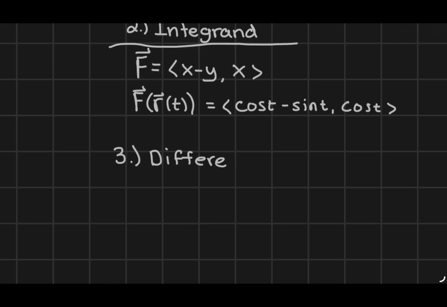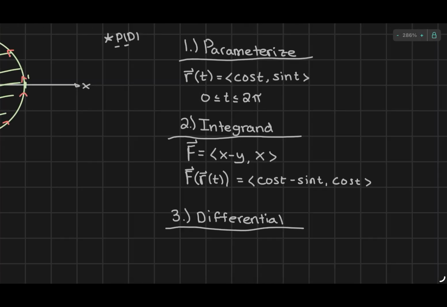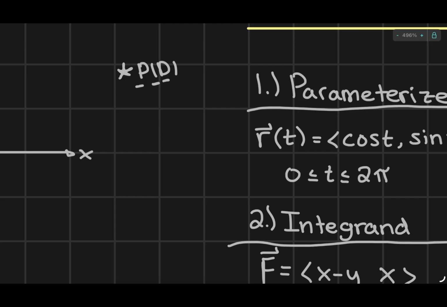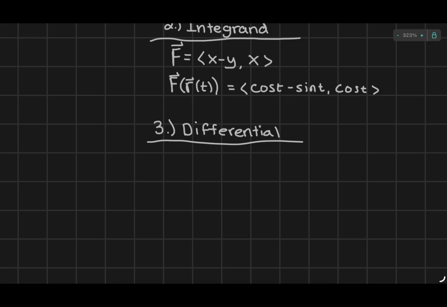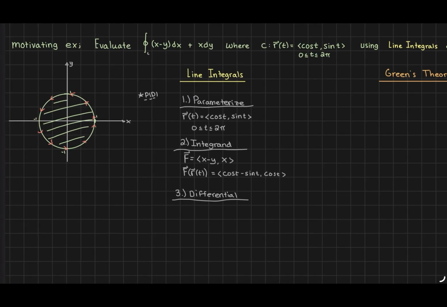Let's do our third step, our final step for setting it up. Oh man, I already wrote it down. Well, if I didn't know, what is our third step? D in our PITTY, our third step, that's going to be the differential. And recall that for our differential for a vector field, we might just need to remember this, or it could be beneficial to make a formula sheet for yourself.